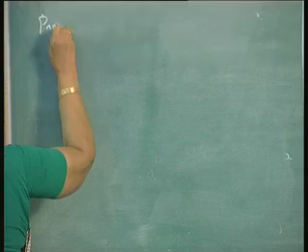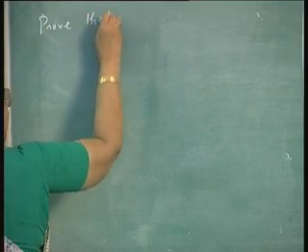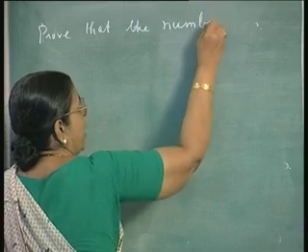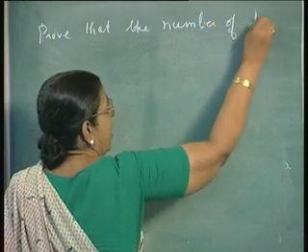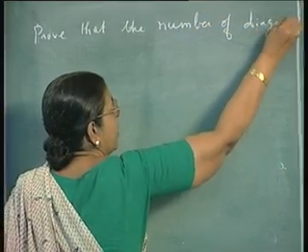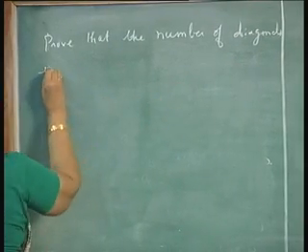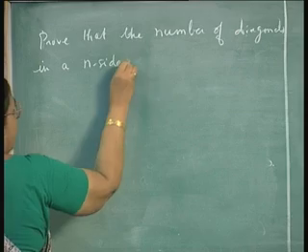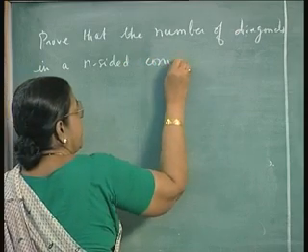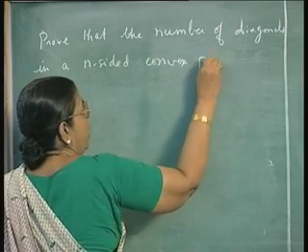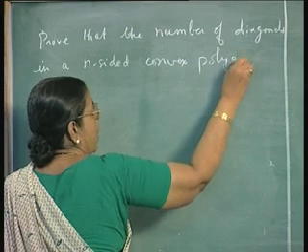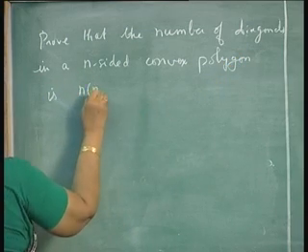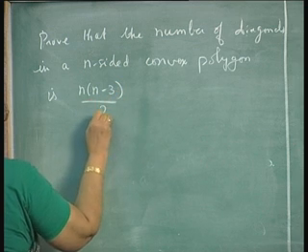Prove that the number of diagonals in an n-sided convex polygon is n into n minus 3 by 2.